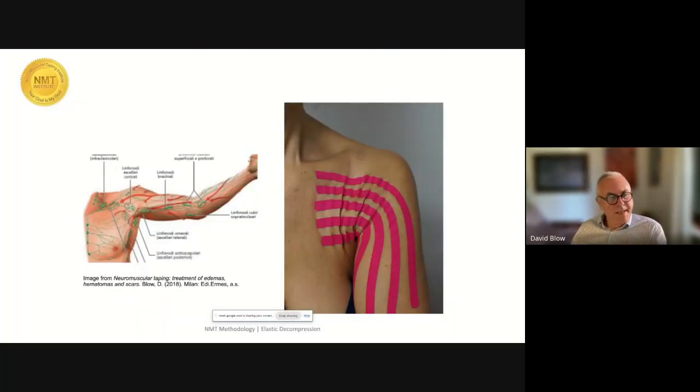So, as you see here, we know the lymphatic anatomy. Consequently, our anterior axillary armpit area is a key area for the upper extremity. This is a typical dermal taping, neuromuscular taping, lymphatic application. You see here with the arm in a slightly anterior position how the tape is wrinkling, and so creating negative pressure over our objective.